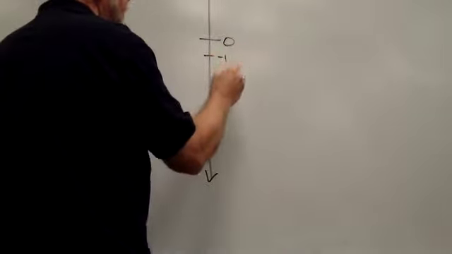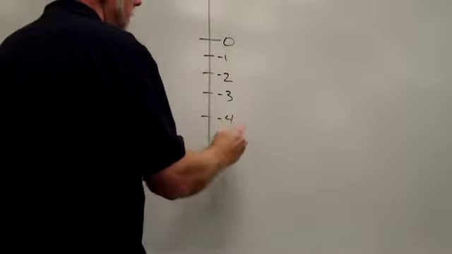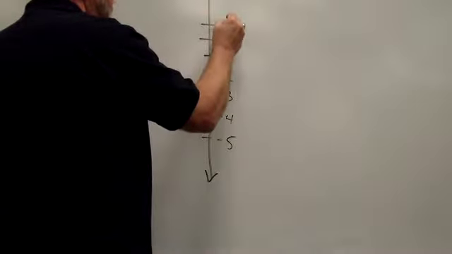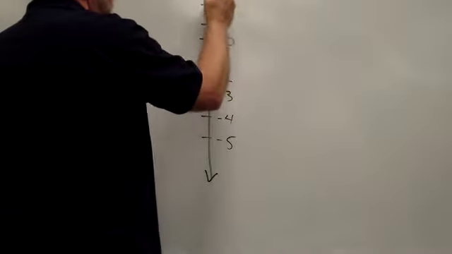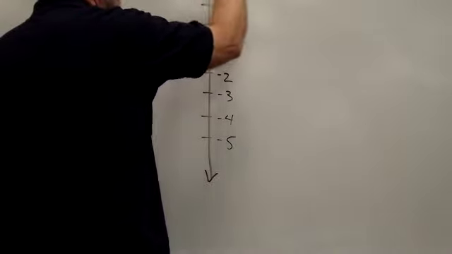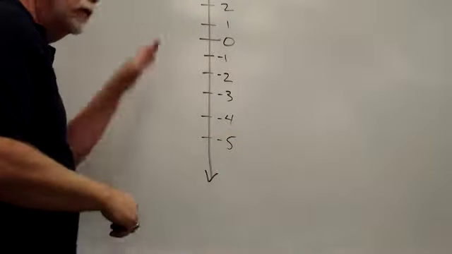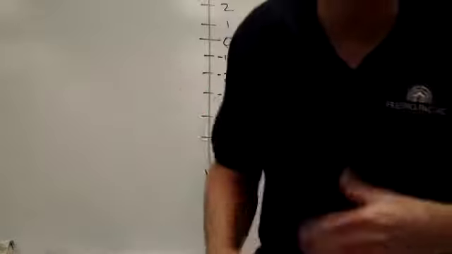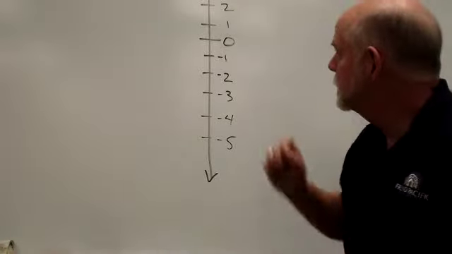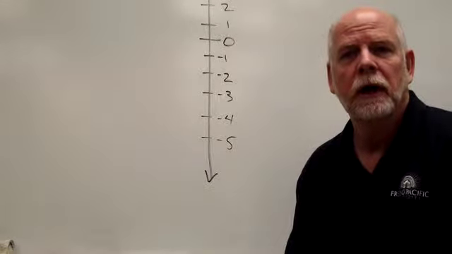This is negative 1, negative 2, negative 3, negative 4, negative 5, and so on. This is a positive 1, positive 2, positive 3, positive 4, positive 5, and we continue on forever. Now you don't normally see the number line drawn this way, but this is the way we want to look at it for our examples that we're talking about. One of the reasons why we want to look at it this way is because I believe it makes things a little bit clearer.